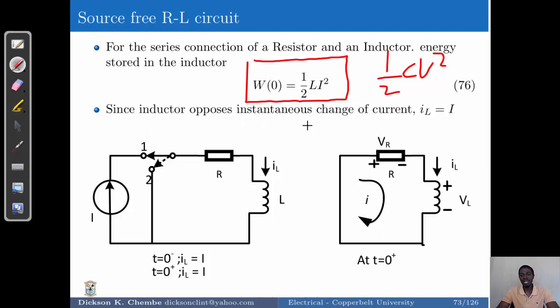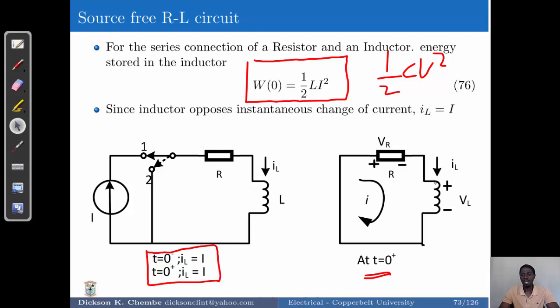We know that the inductor opposes instantaneous change of current, implying that the value of current when the circuit is connected at 1 is the same value of current that will be maintained just after the switch is closed at time t equal to 0 plus. So when time is equal to 0 minus, the current is equal to I, and at the time when the switch is just closed, the current is still equal to I, because the inductor opposes instantaneous change of current.